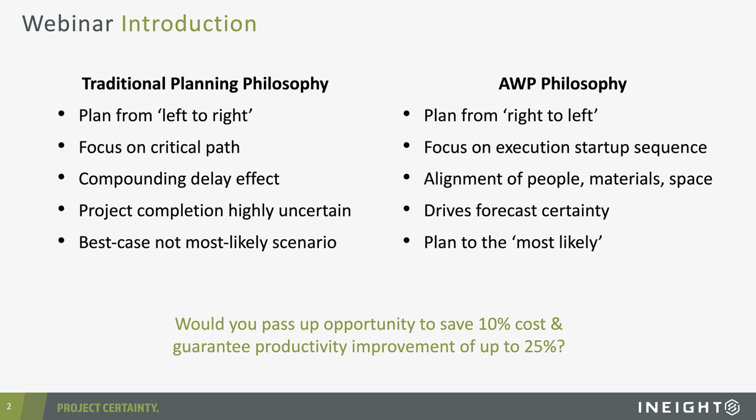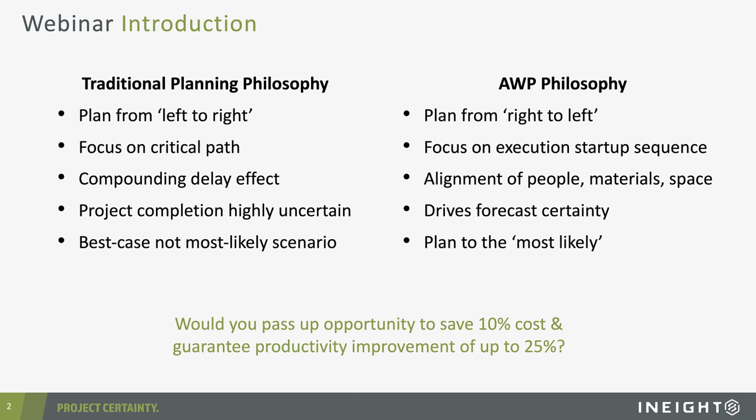Now, before we get into the details of AWP, I think it's probably useful just to set the scene and look back at how major CapEx projects to date have been planning and executing during the project phase. So traditional planning philosophy has really always been about planning from left to right. We start by defining a project start milestone. We then define our engineering scope.